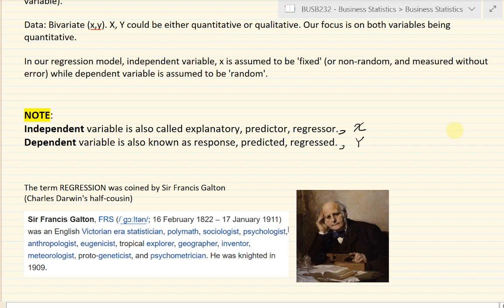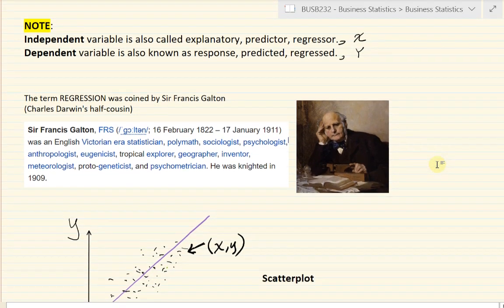And that's where he came up with the term regression. It means going back. Remember, progression is going forward, regress is to go backward. So the term regression is to go back toward the mean. That's where he coined the term regression analysis, or just regression.